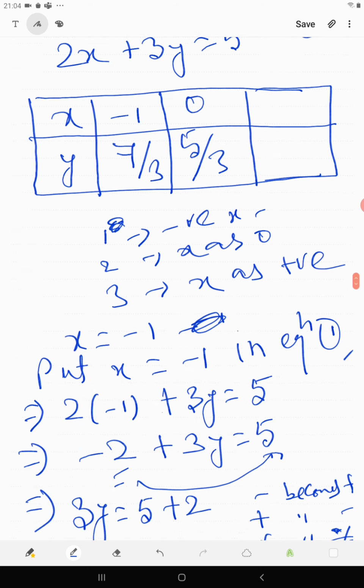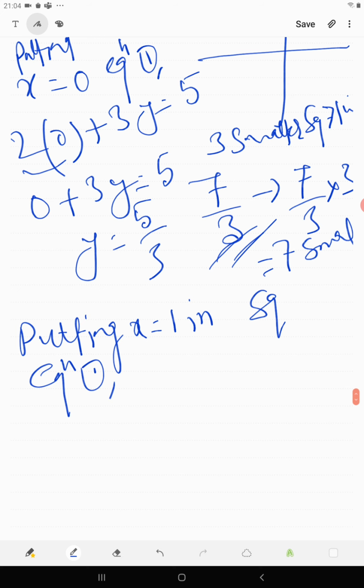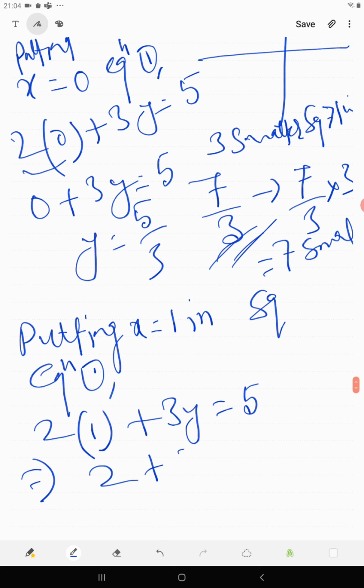Then take positive 1. So let x equals to 1. Putting x equals to 1 in equation 1, what will we get? 2 into 1 plus 3y equals to 5. So 2 plus 3y equals to 5.